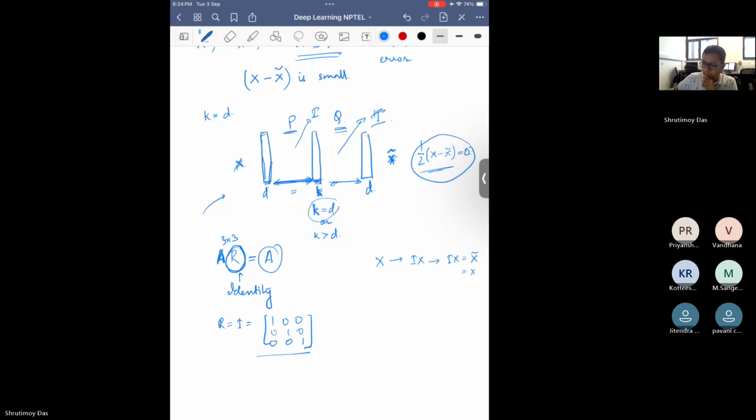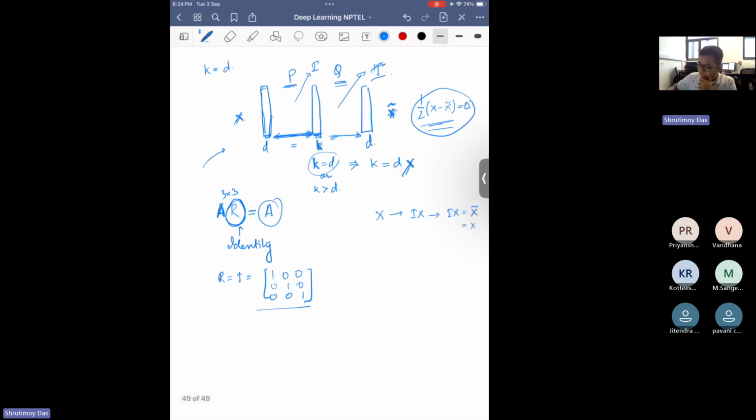You cannot memorize every data set in the world, because there can be an infinite amount of data. So keeping k equal to d is not good in the linear case, I'm not going into non-linearity yet, because you can just memorize the data and get a 0 error and you're done.